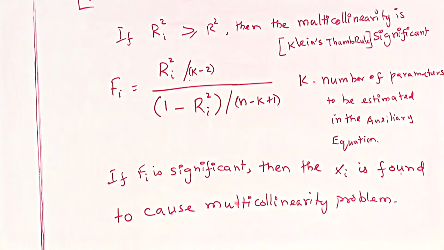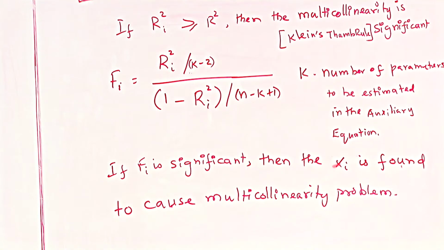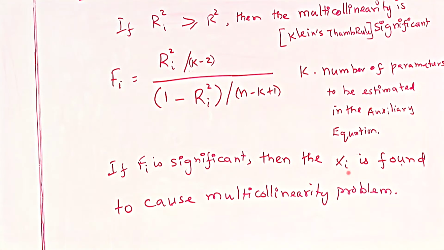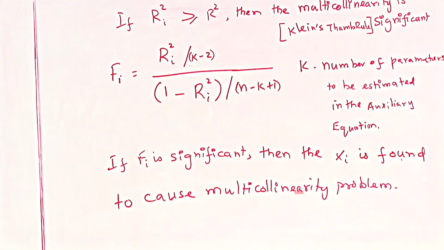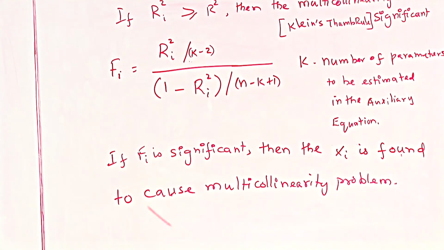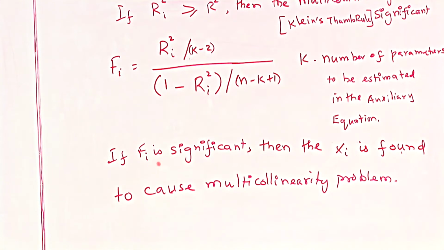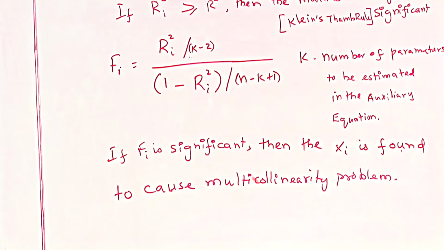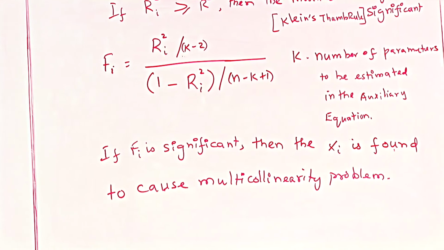If F is significant, then we will say there exists a multicollinearity problem, and if Fi is significant, then we will say the ith independent variable is the main cause of the multicollinearity problem. That is how we can conclude the source of the multicollinearity problem. Which variable causes the multicollinearity can be identified using this significance test.